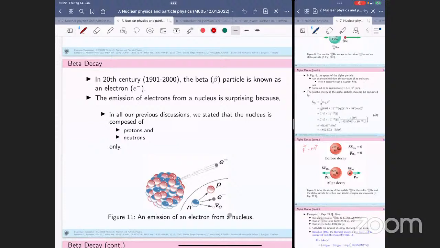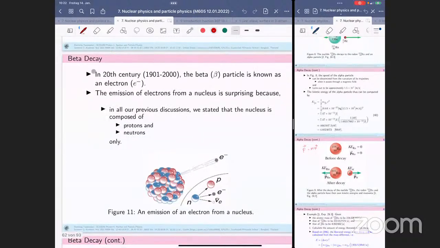Once the electron receives the energy, it moves with high speed. And the electron with high speed is known as a beta particle. This is known as beta particle emission or beta decay.